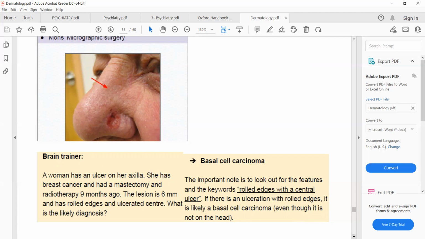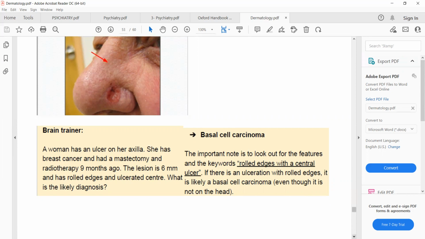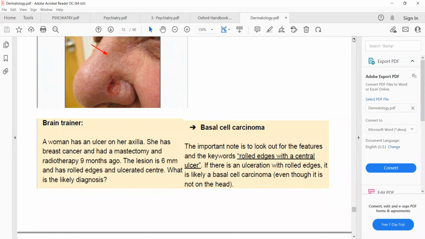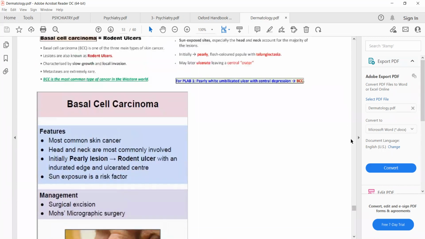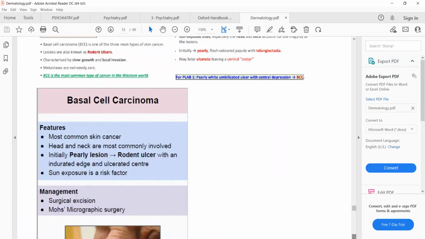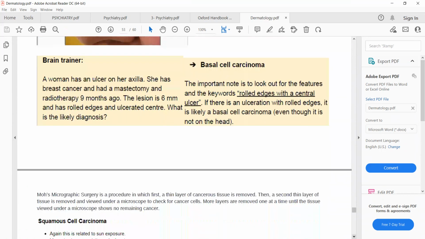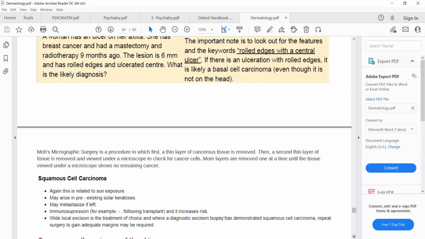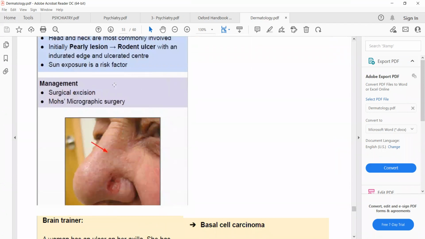So you need to look out for the keywords for basal cell carcinoma: rolled edges with a central ulcer, or a pearly lesion. The treatment of basal cell carcinoma is surgical.